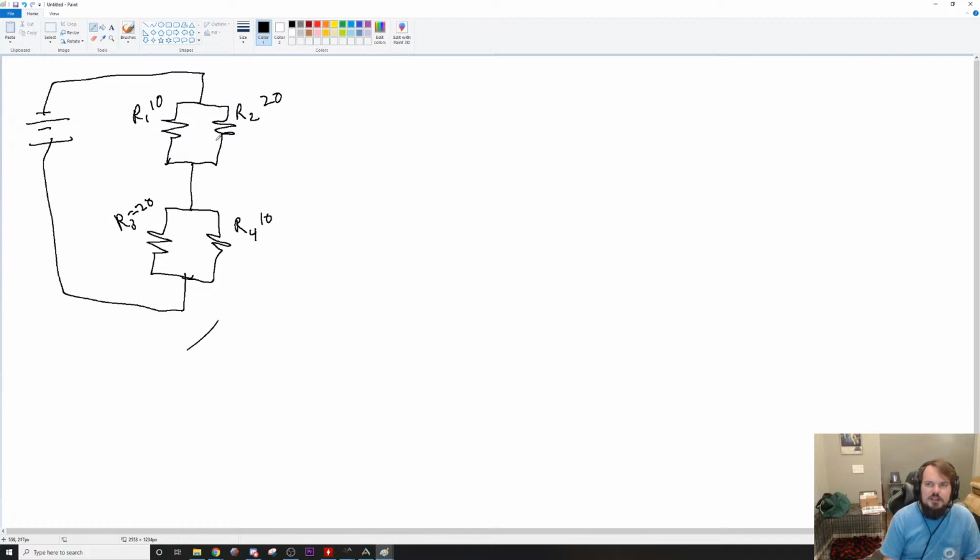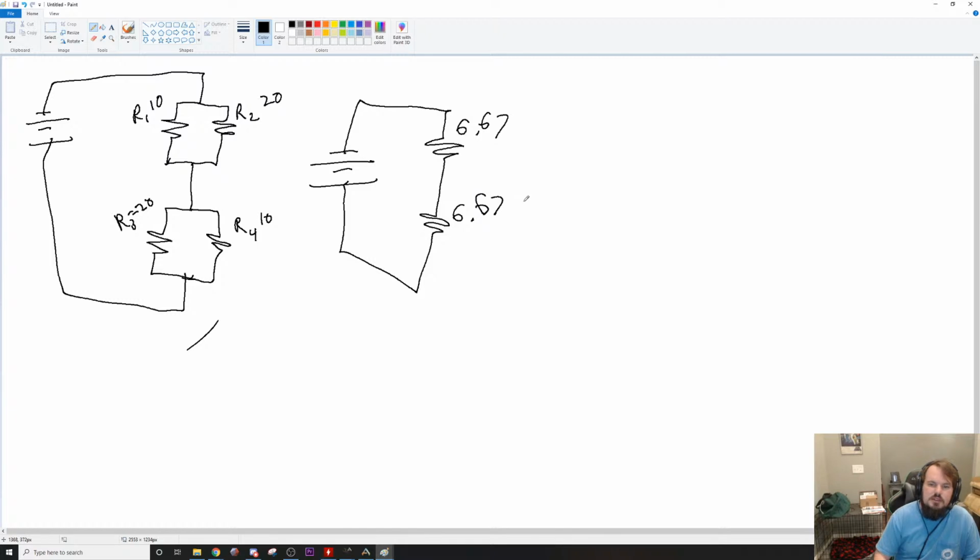And it's two identical pairs of resistors, so you get 6.67 and 6.67 ohms. So your R total is going to be what, 13.34.